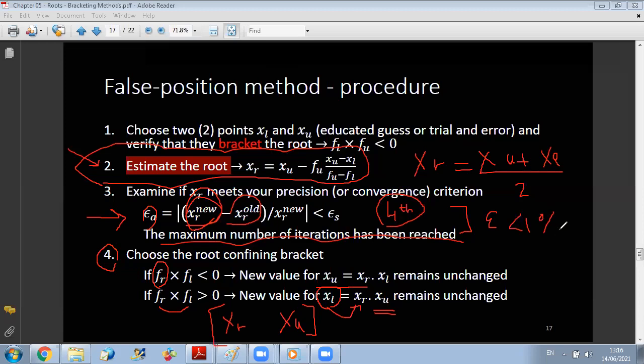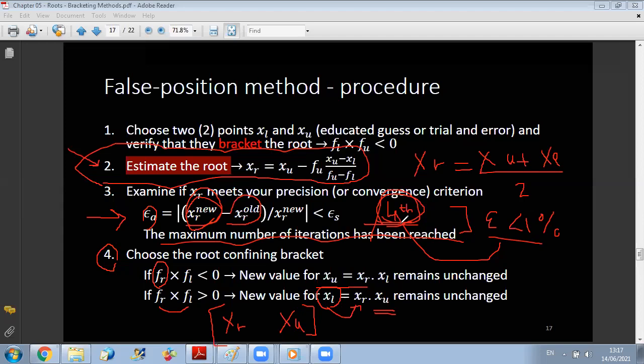Then in this case, at each step, you should check the approximate error. In case it's smaller than 1% before the fourth iteration, you stop. In case not, you continue until the fourth iteration. But when you reach the fourth iteration, even if epsilon was not smaller than 1%, you will stop, because the criterion is one of these two. As soon as one is satisfied, you will stop. Even if at the fourth iteration epsilon is larger than 1%, you cannot continue, because they told you the criterion is to reach 4 iterations or to reach epsilon smaller than 1%.